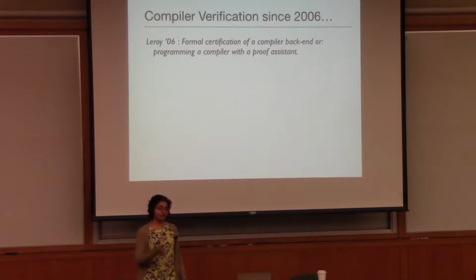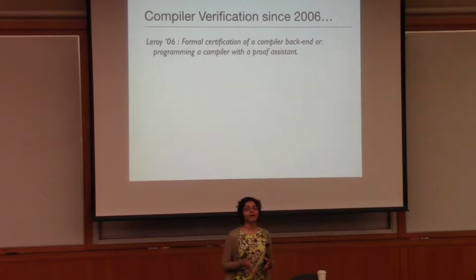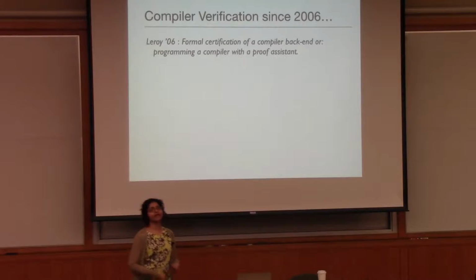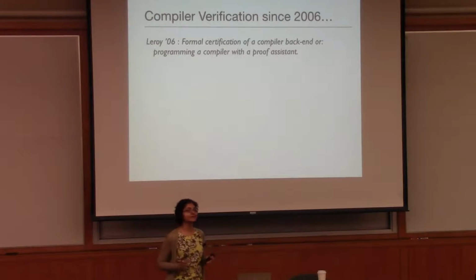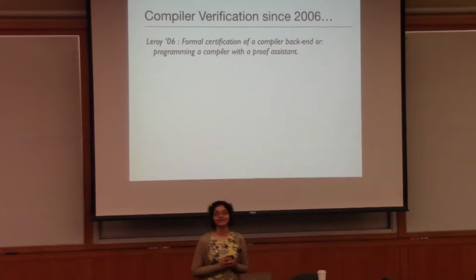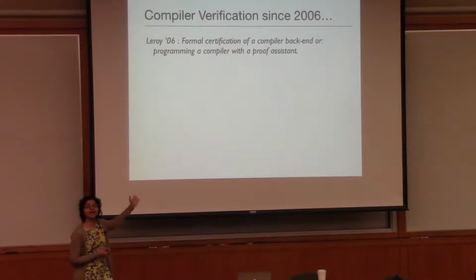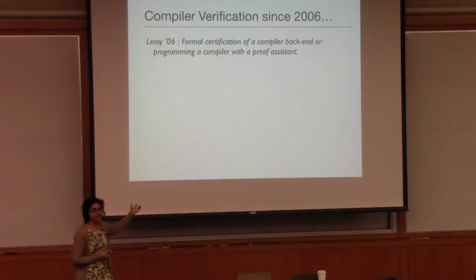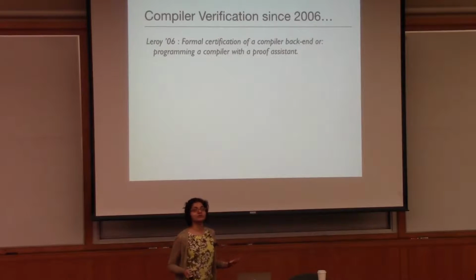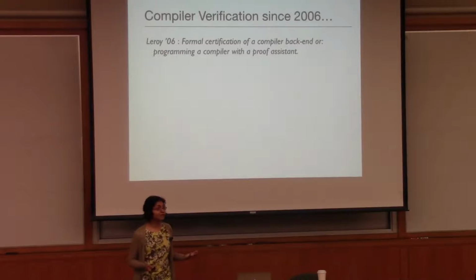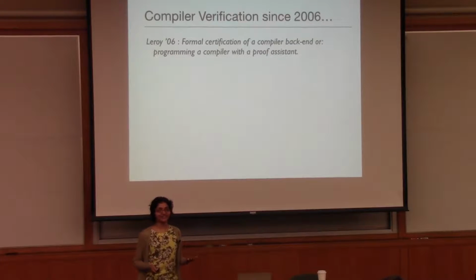This was the first one to take a serious compiler backend for C, a realistic language and a realistic compiler, not one that is highly optimizing, but a legitimate, serious compiler that had been mechanically verified using Coq. So this was sort of a state change in the research field. Suddenly people looked at this and said, wow, this is possible. Before that, it seemed utterly daunting to even try.